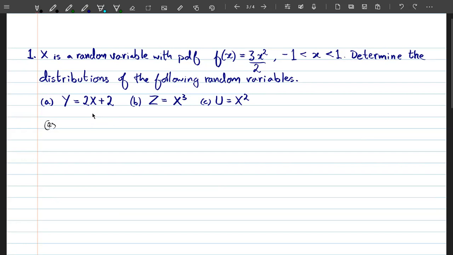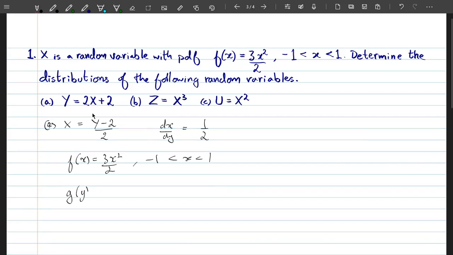So we have y equal to 2x plus 2. So what we do first is write x in terms of y. So x is equal to y minus 2 divided by 2. Okay, so dx upon dy is equal to 1 by 2. So this we write for the values, so I'll write small x and small y. So f of x is given to be 3x square by 2 in the interval minus 1 comma 1.